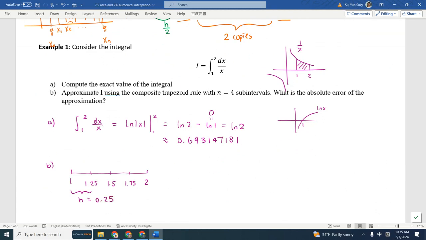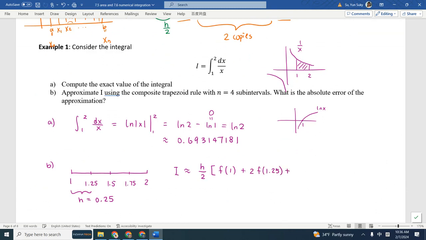Now the trapezoid rule tells us it's h over 2, and then f of the first endpoint, f of 1, 1 copy.